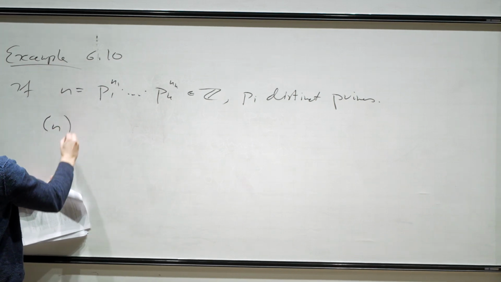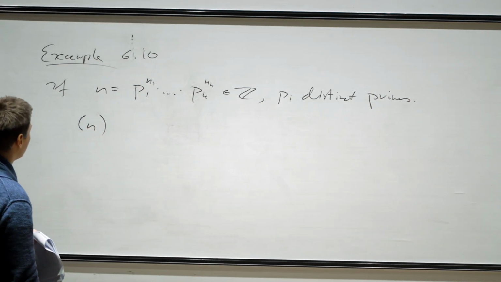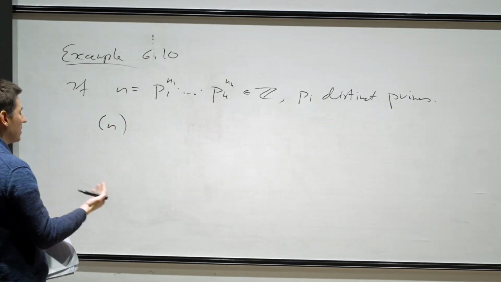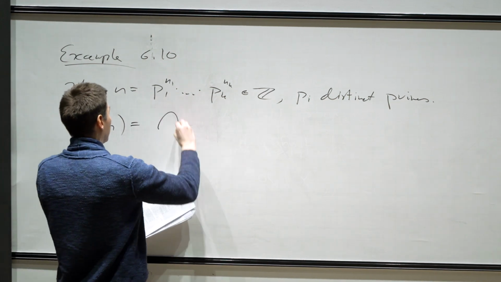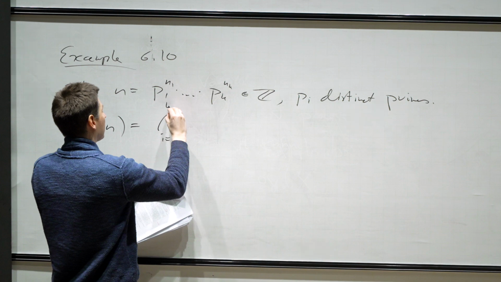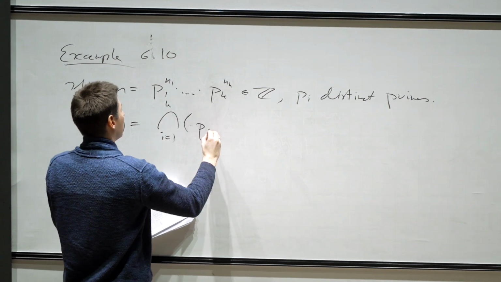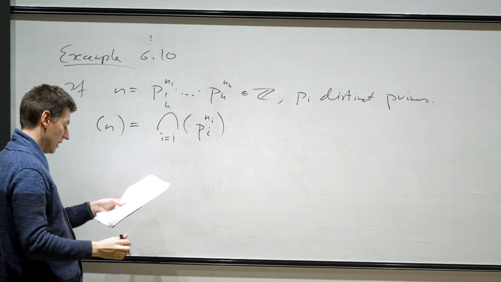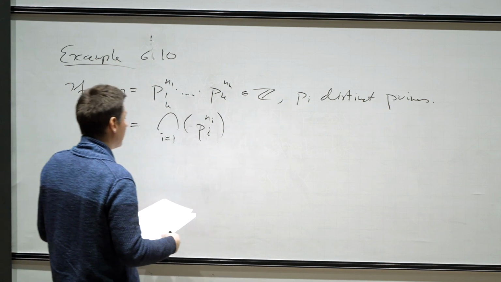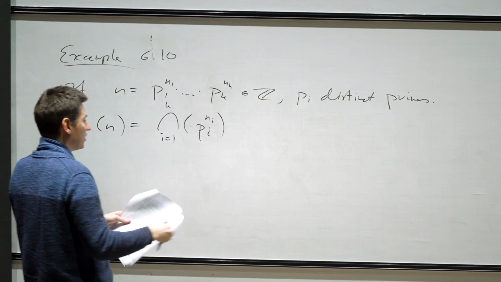If you take the principal ideal generated by n, so all the numbers divisible by n, then you see quite quickly that this is, in fact, the intersection of such ideals. And then this is actually a primary decomposition.